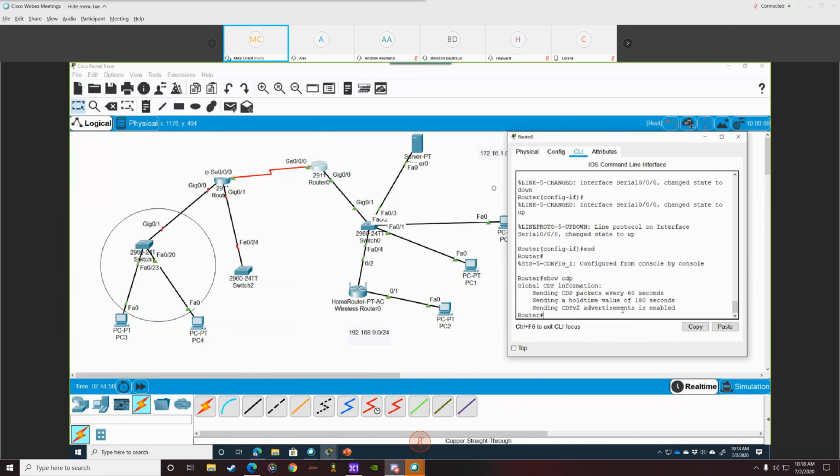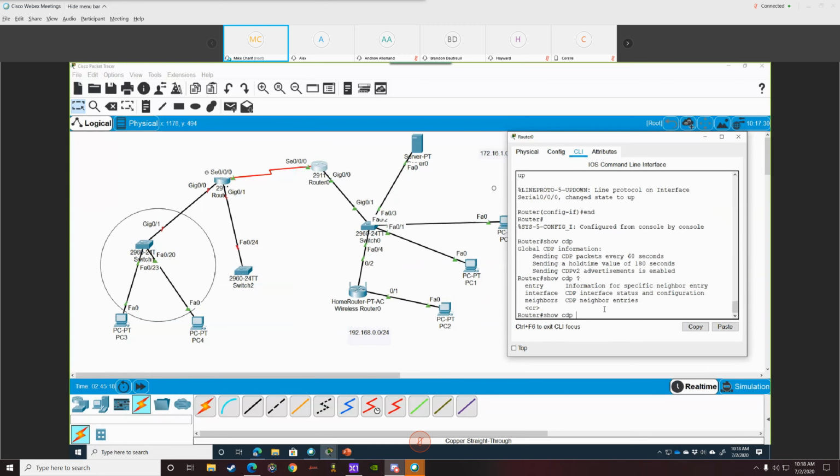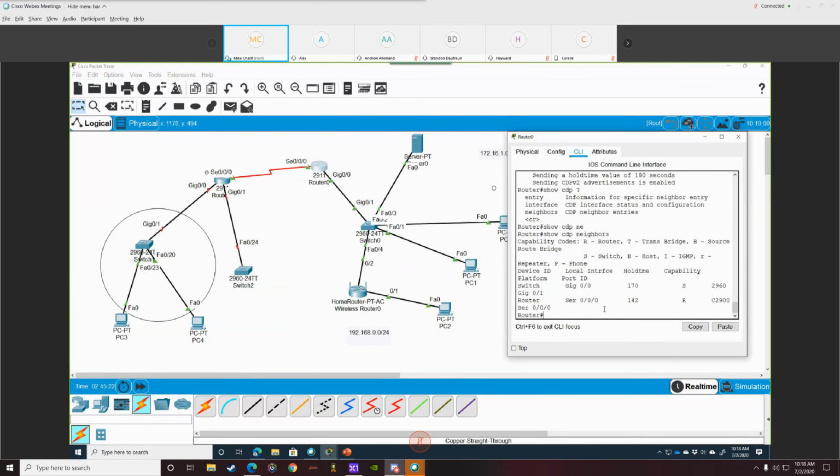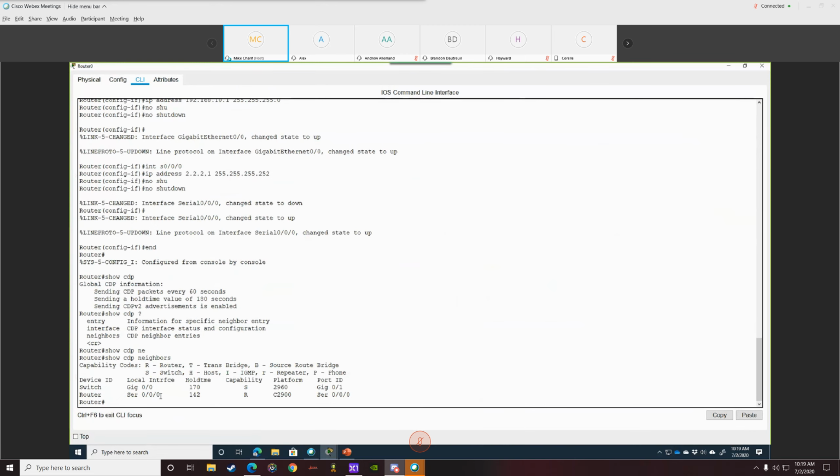It shows global CDP information: sending CDP packets every 60 seconds, with a hold time value. How about show cdp neighbor? Okay, so those are my neighbor devices. It tells you what port is connected to what.